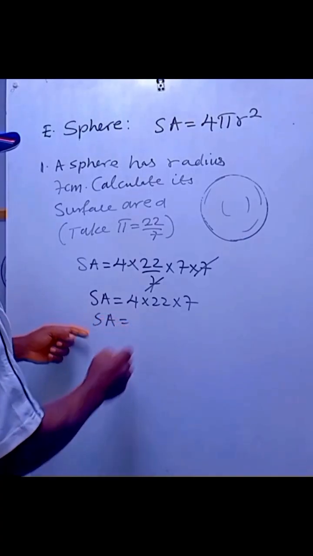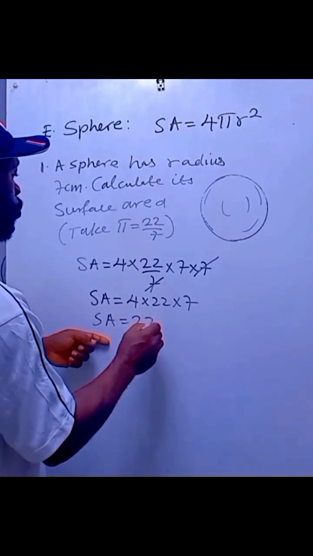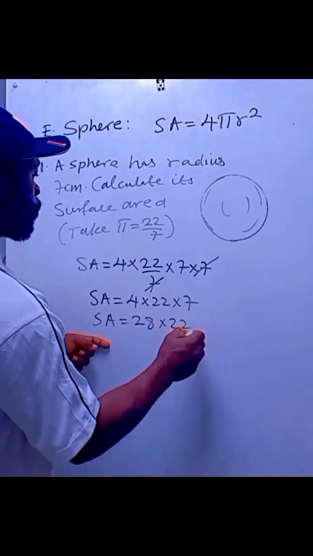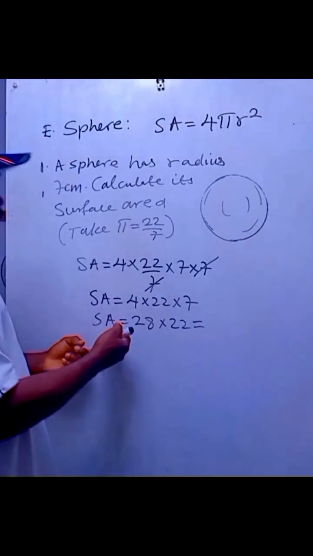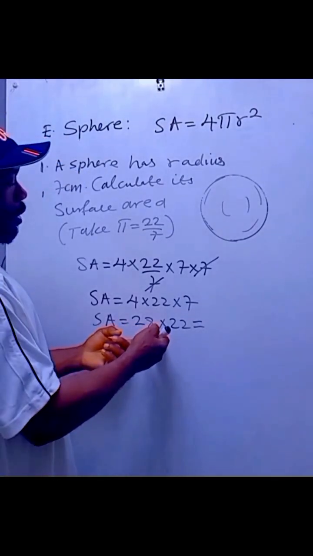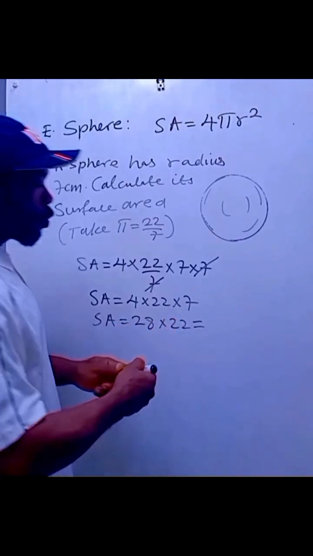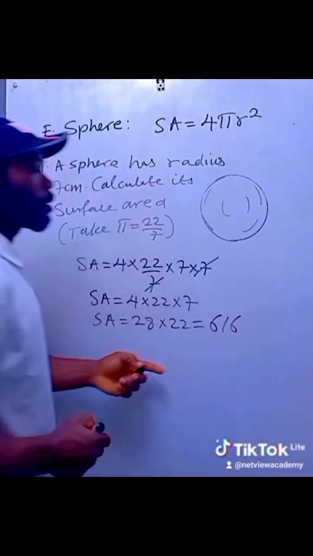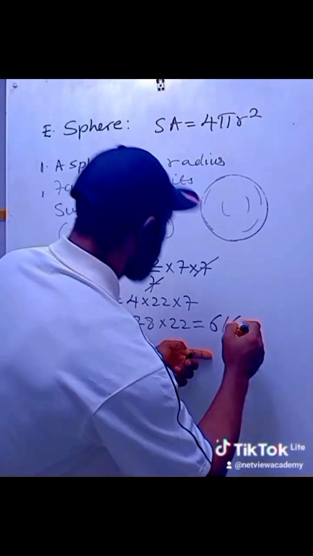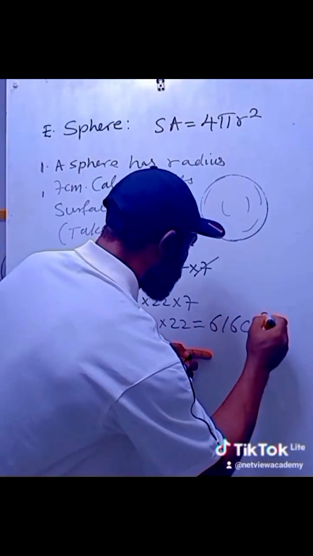SA is equal to 28 multiplied by 22. The surface area of the sphere is equal to 28 multiplied by 22, which is equal to 616 centimeters squared.